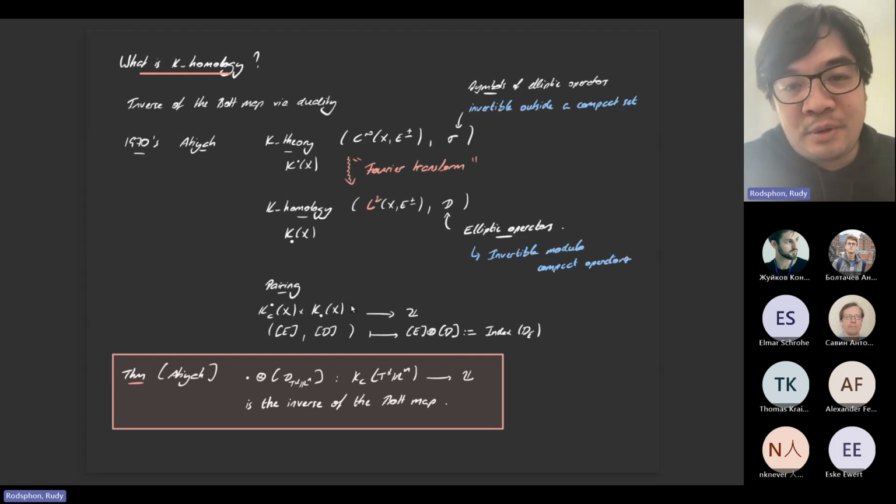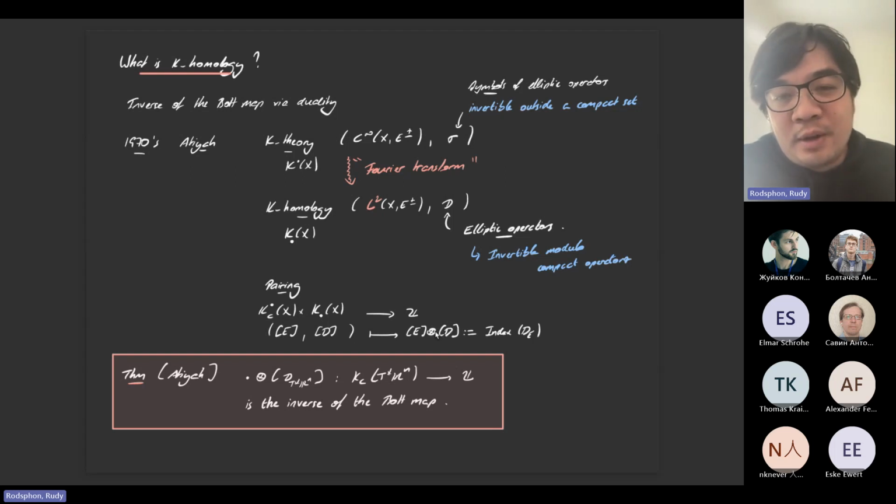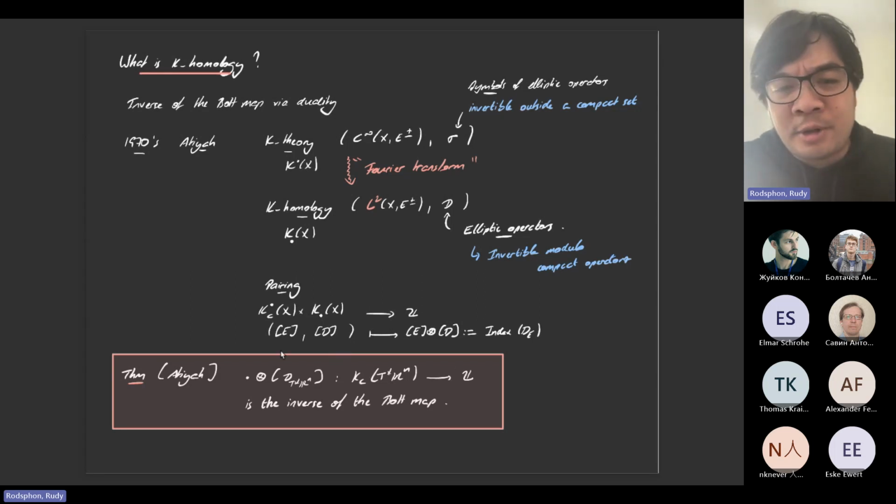So you have a pairing that goes this way. Here I also denoted this pairing as a kind of tensor product. That's because, as we'll see later, in Kasparov's work on KK theory there is something called the KK product, and this is actually a particular case of that. And we'll see the proof a bit later when we talk about KK products.